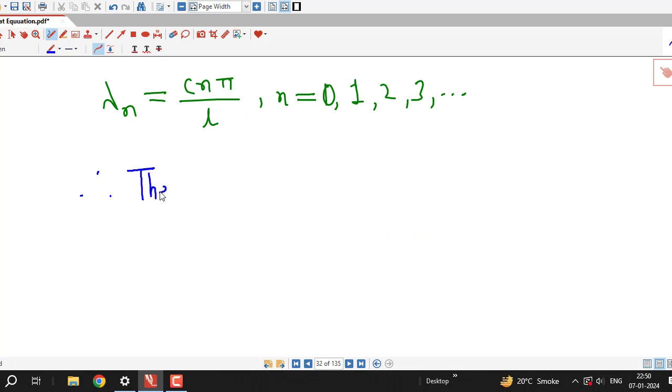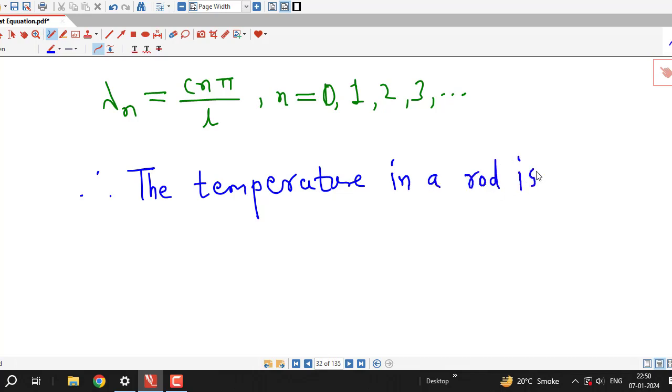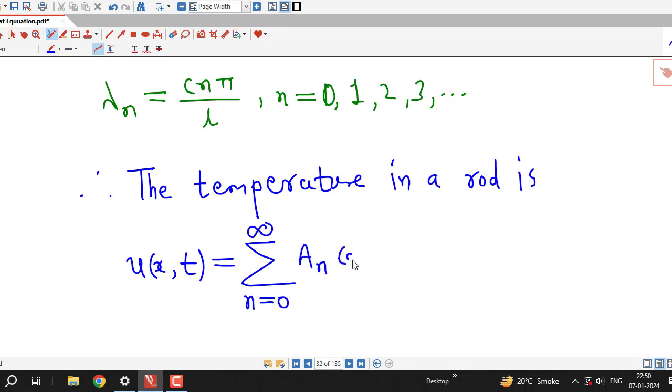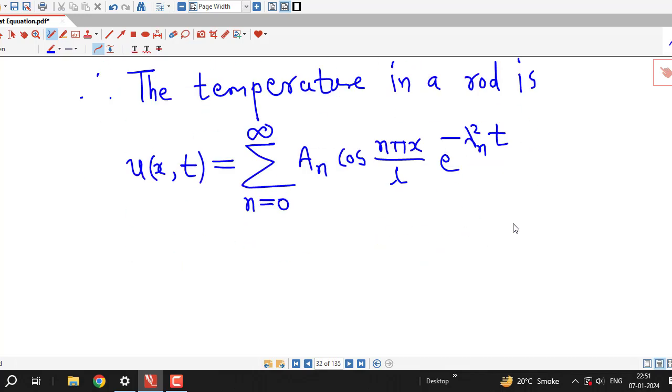So therefore the temperature in a rod, u(x,t), is given by sigma n equal to 0 to infinity an times cosine of n pi x by L e raised to minus lambda n square times t.